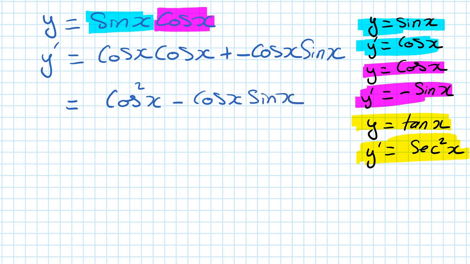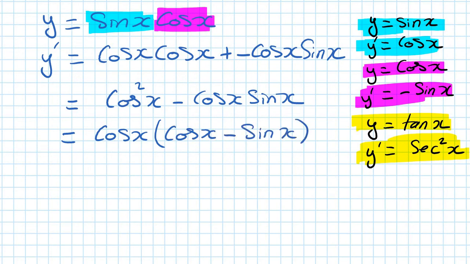Now I can take the common factor out, which is cos x. So that gives me cos x times cos x minus sine of x. There you go. This is the gradient of sine x times cos x.